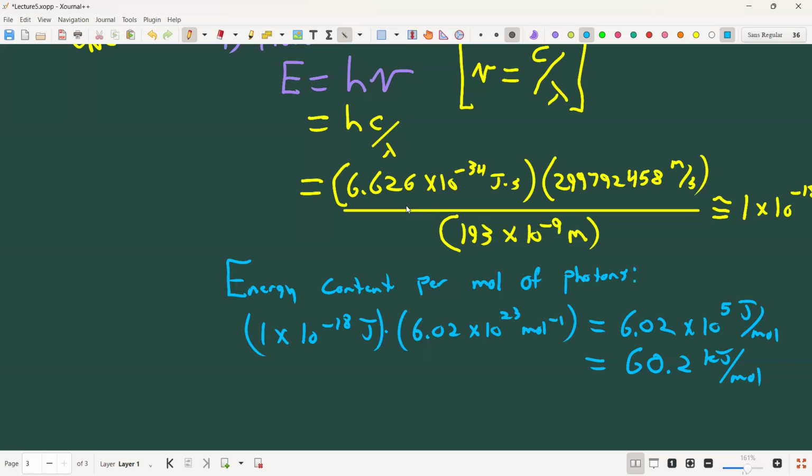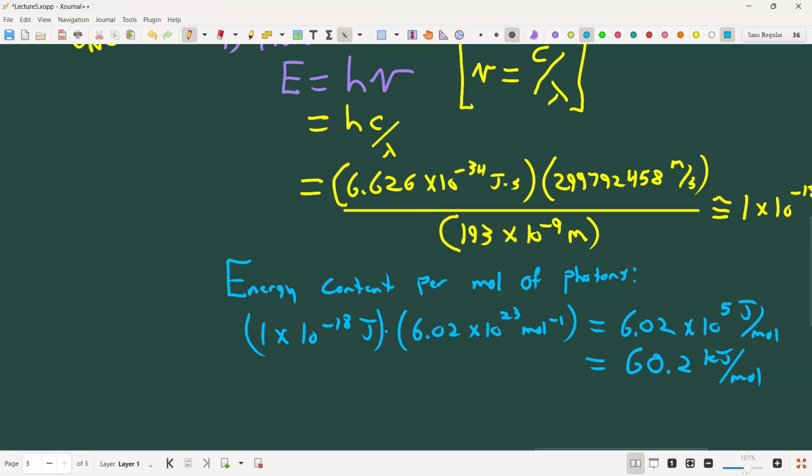Imagine I wanted to instead get 60 kilojoules per mole of energy from heat. I want to put my sample into an oven, in a situation where thermally it has an equivalent amount of energy versus a laser. Maybe a laser is too expensive, maybe I can get the same thing from an oven.